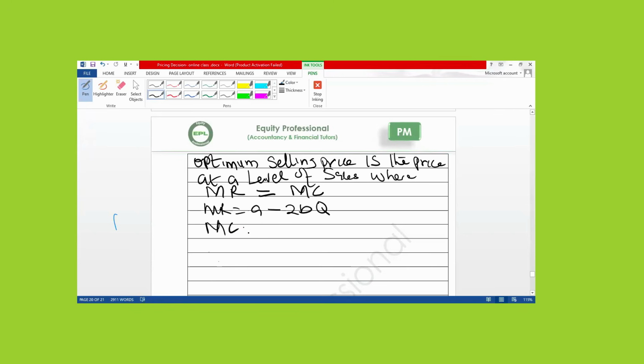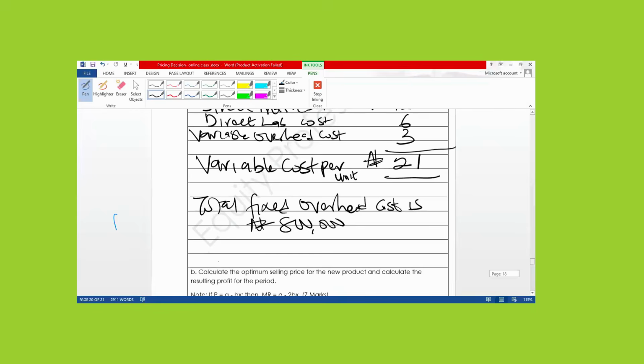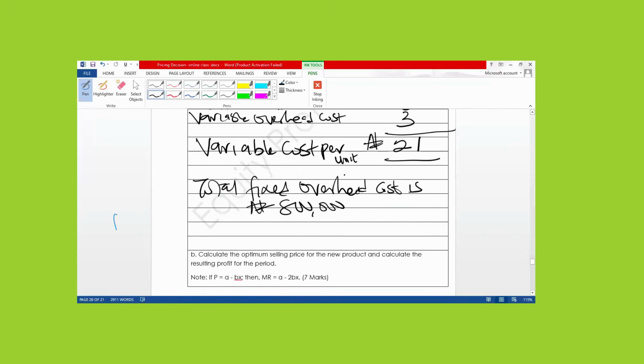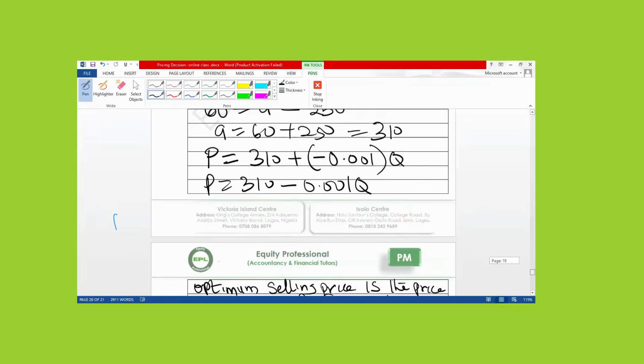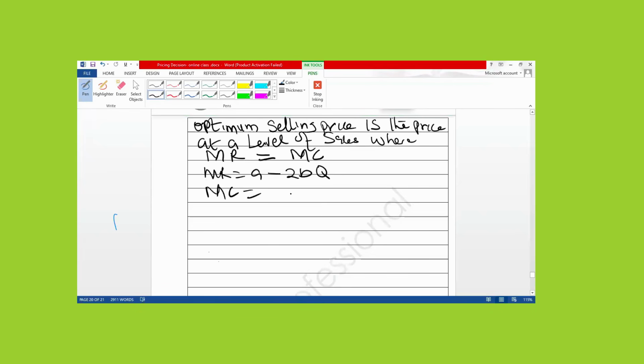My marginal cost is your variable cost. We have calculated variable cost per unit, 21 naira. Equate the two.